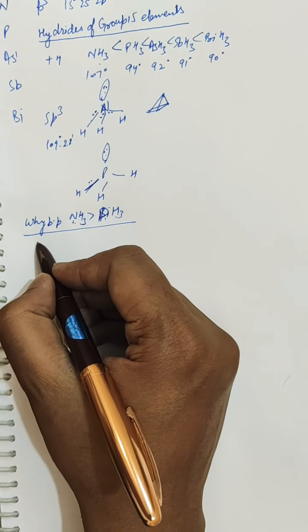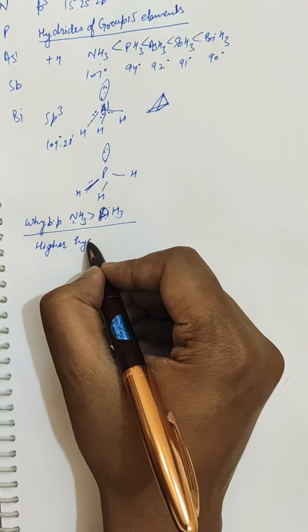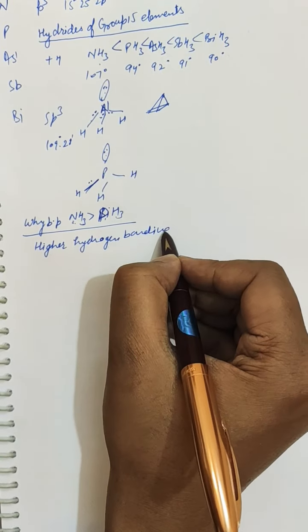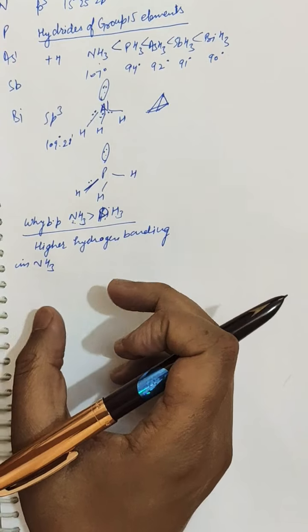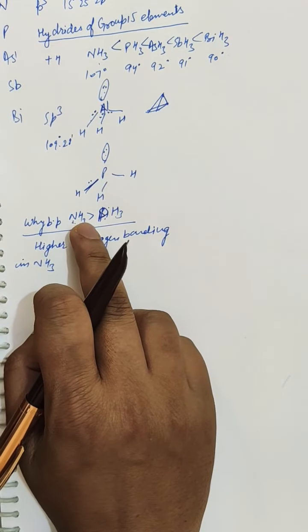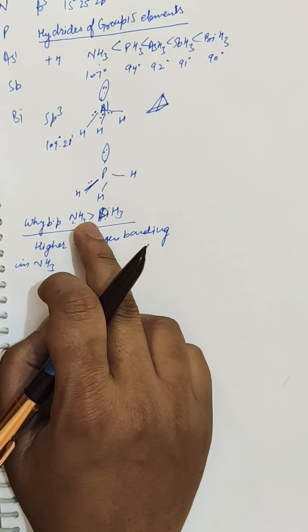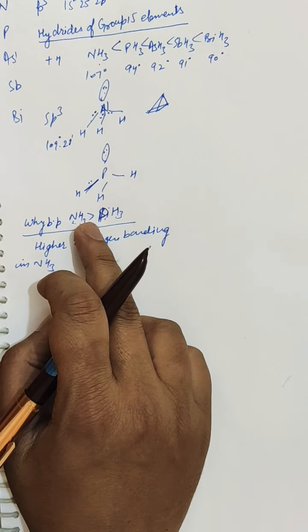It results in higher hydrogen bonding in ammonia. When bonding increases, the molecules of ammonia are more closely bound, and this results in the higher boiling point of ammonia.